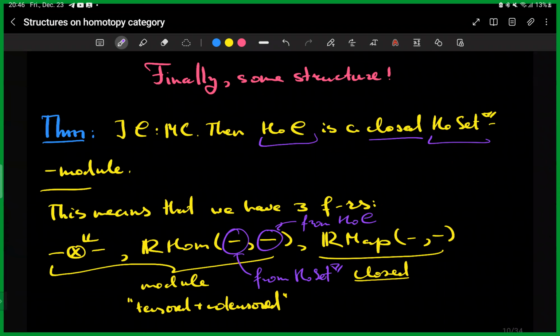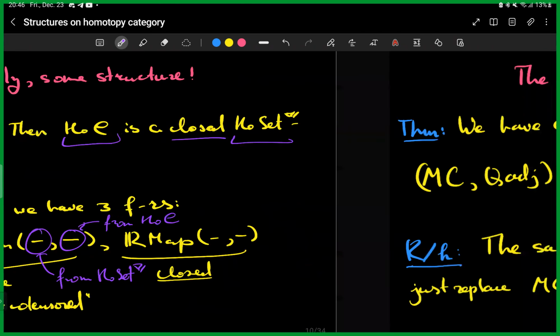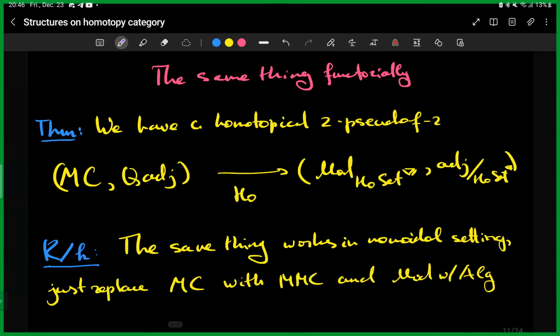Okay, so now let's move on from this construction to a more functorial point of view on this situation.